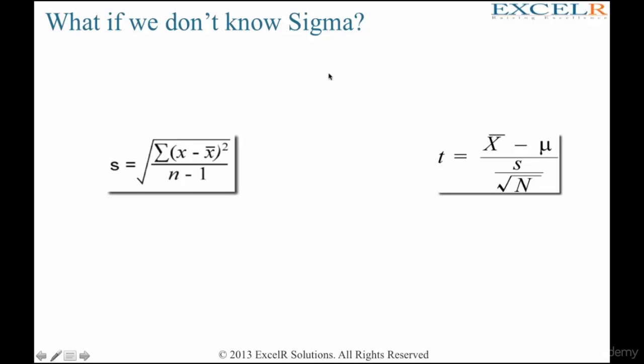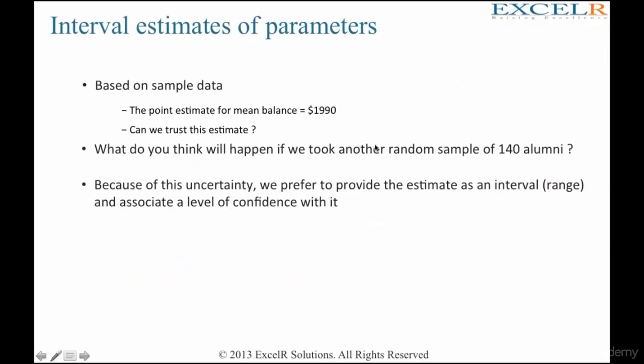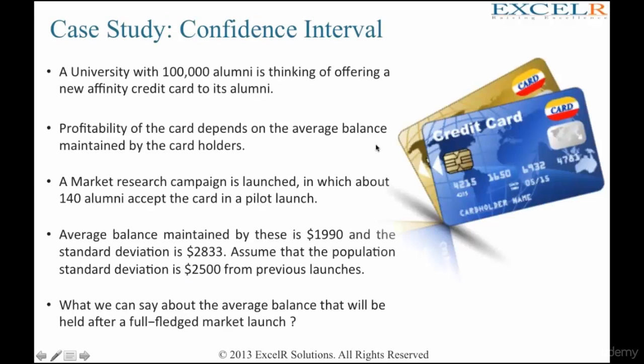If I take you back to this case study, you have 100,000 people, and it's also given that the population standard deviation is so much from previous launches. So previously your university has launched a similar kind of credit card, and based on that, the average balance of 100,000 people happens to be $2,500.